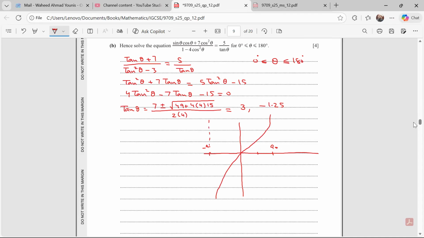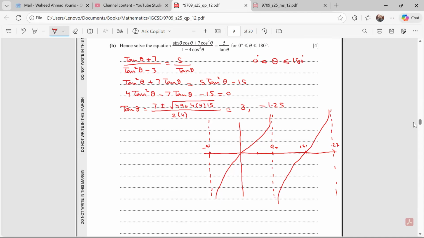This is the asymptote at minus 90 and at 90. Similarly, after this it will have 180 and then 270, and again the second cycle will go like this. At 270, it will go towards infinity.